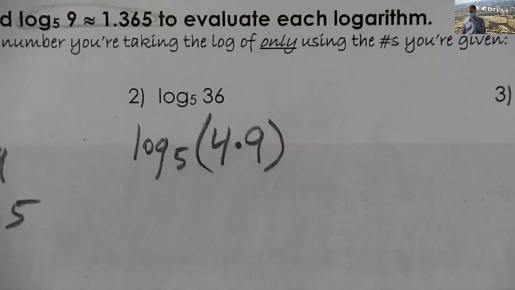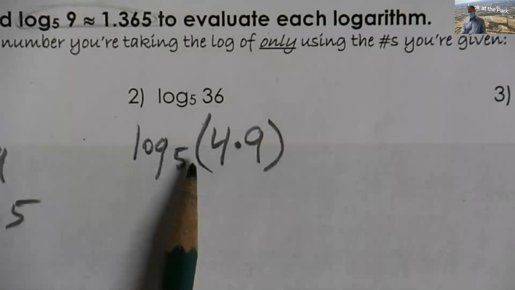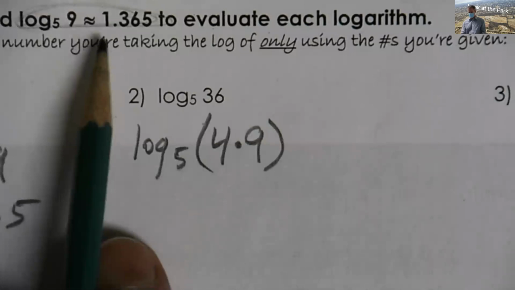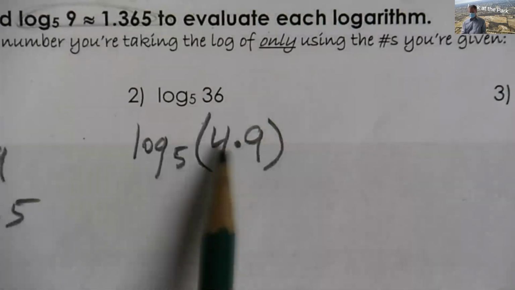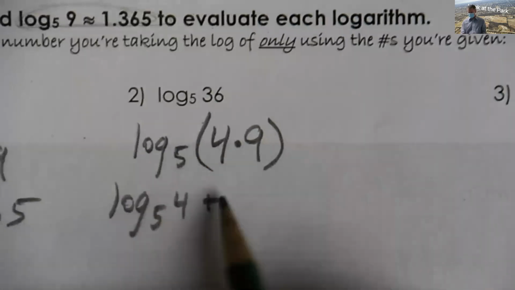But we don't know the logarithm version for any of those. We know the log base 5 of 4, and we know log base 5 of 9 from the given information. This is multiplication, so now we're going to write it with addition.